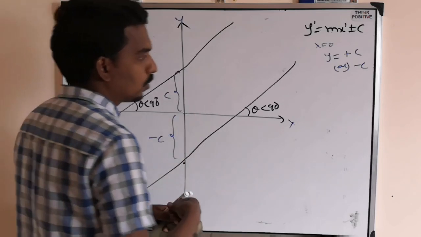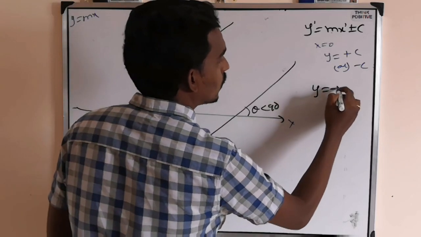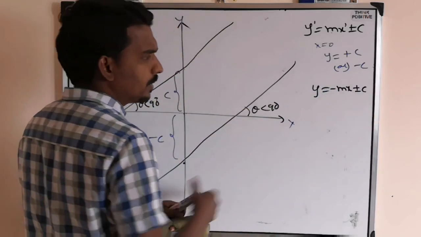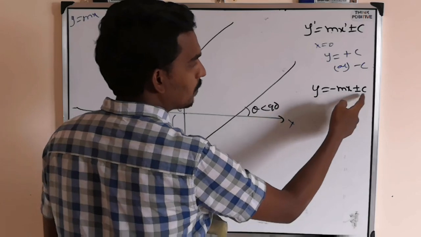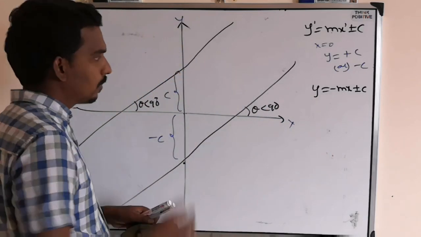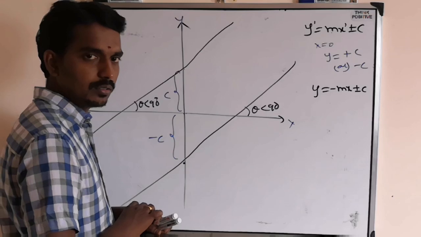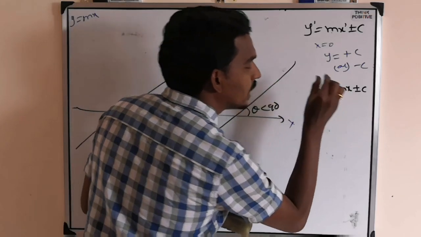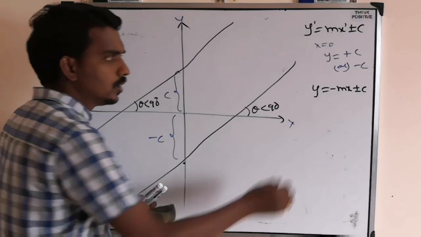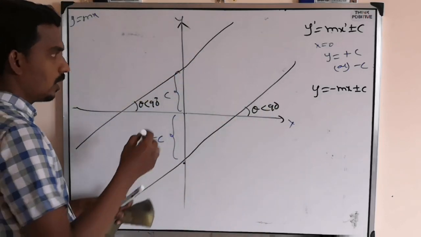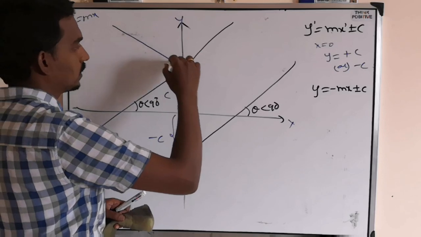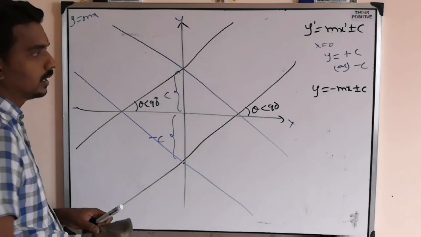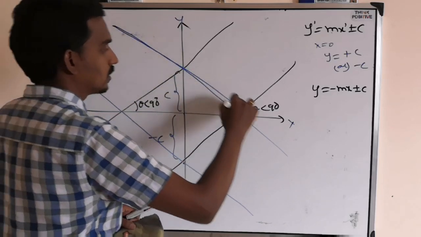Similar way, here one more relation will come, that is y equal to minus mx plus or minus c. Same here also, x is 0 means y may be plus or minus. Plus means above, minus means below. But slope is negative. Slope is negative means now the graph should come like this. See here, one line is like this.